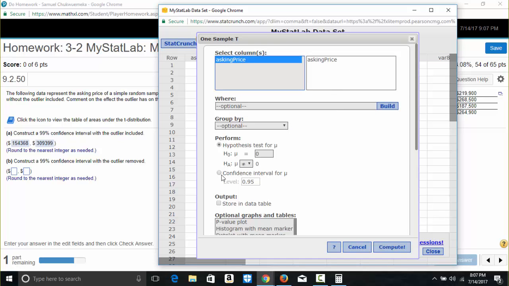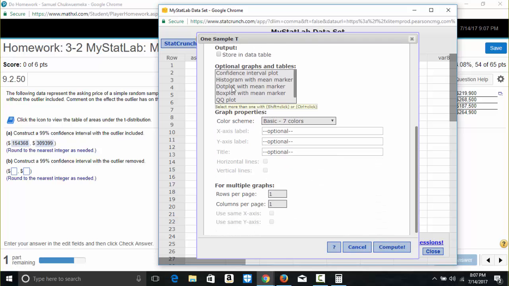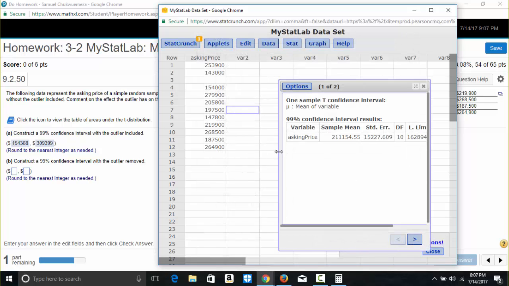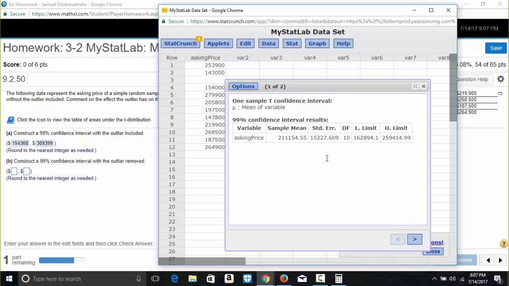Select asking price, come over here, put 0.99. And let's go ahead and do box plot with mean marker to see it. Compute. So here the lower bound is 162,894.